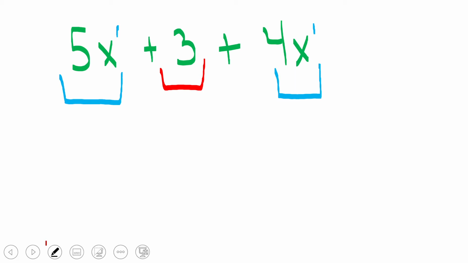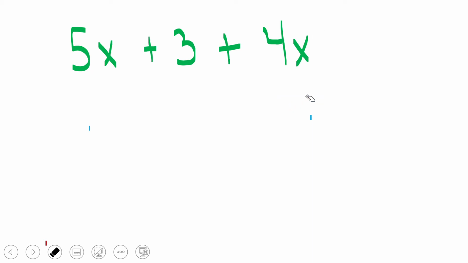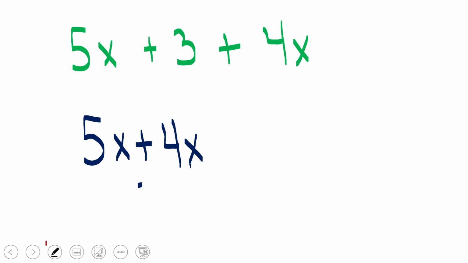So if all of this is true, is 3 a term just like 5x and 4x? No. So since that is true, what can we add in this example? The like terms in this example are 5x plus 4x. 3 is a separate type of term from 5x plus 4x.